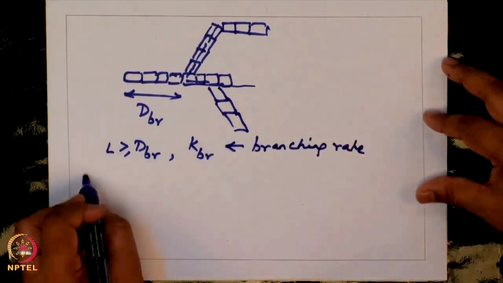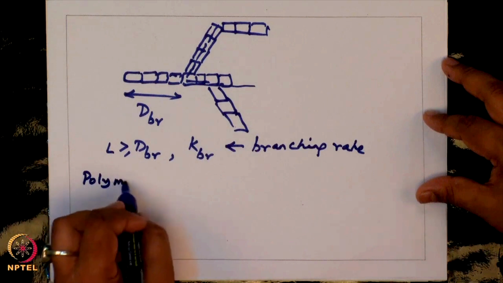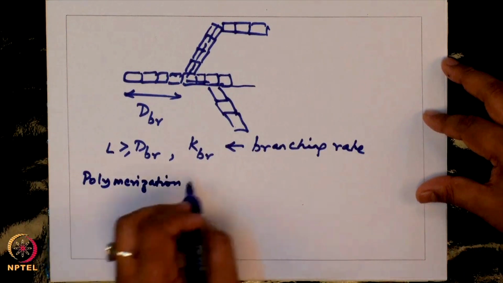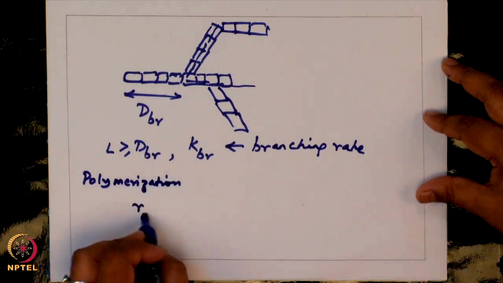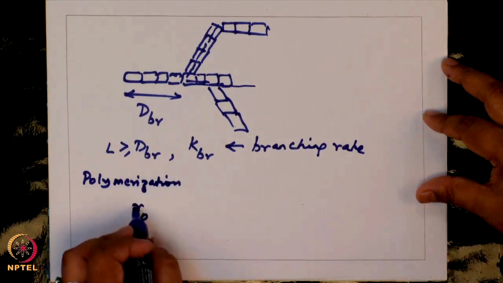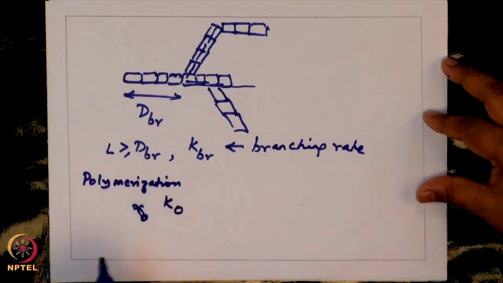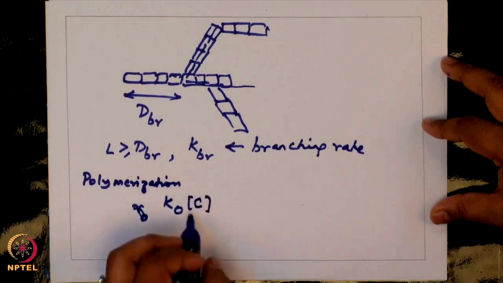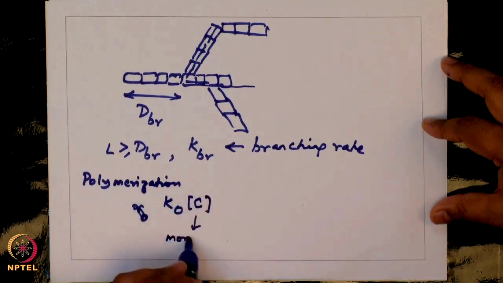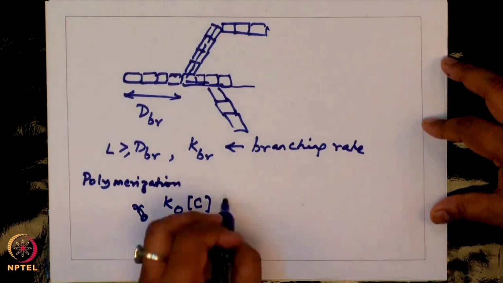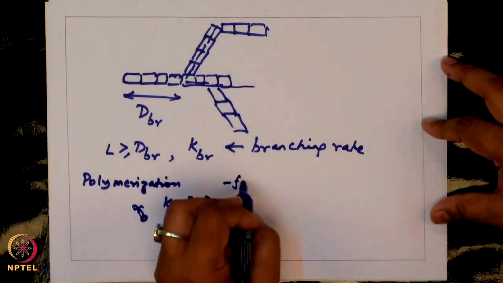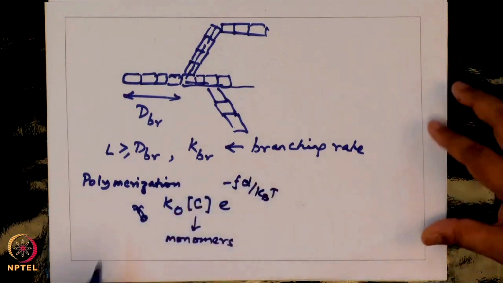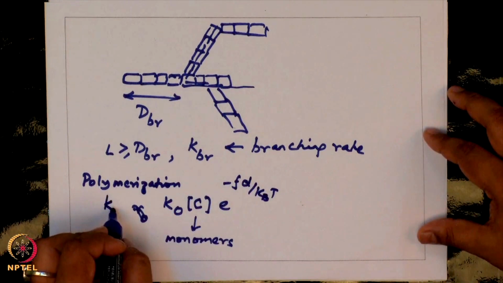Okay. So, you have a branching rate of kBr, which is the branching rate. The polymerization rate can be given by R on. If K0 is the intrinsic polymerization rate, you have a concentration C of the monomers and exponential minus f d by kBT, is the K on.